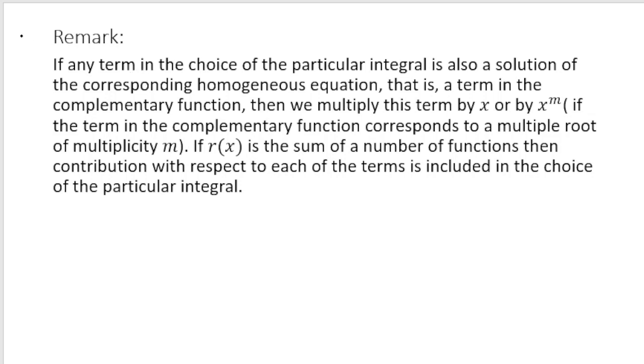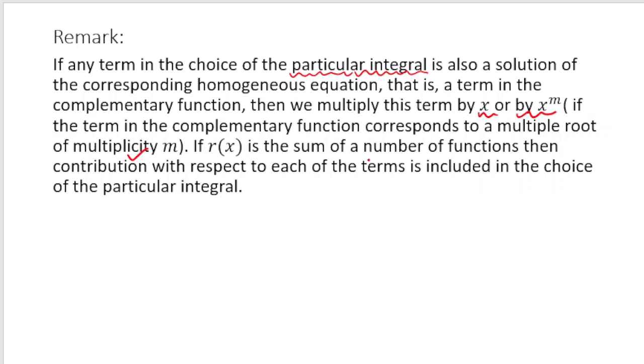If any term in the choice of trial solution or particular integral, because I am selecting the trial solution to get the value of the particular integral, is also a solution of the corresponding homogeneous equation, that is, a term in the complementary function, then we multiply this term by x, or by x to the power m if the term in the complementary function corresponds to a multiple root of multiplicity m.